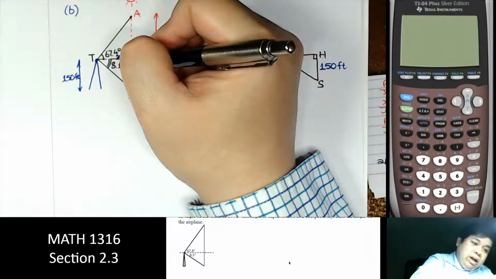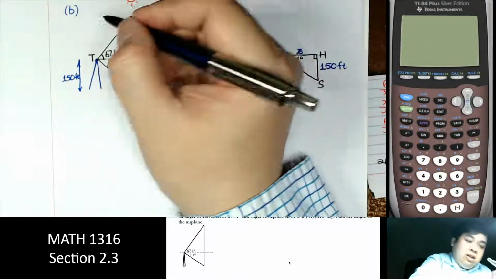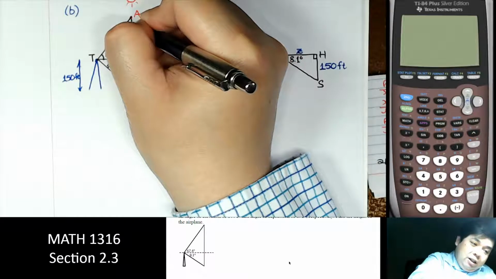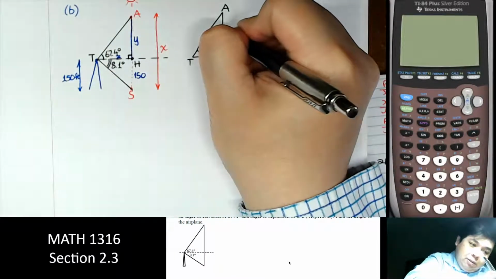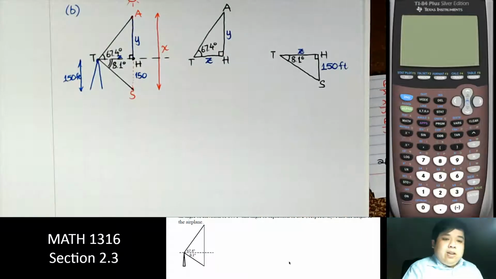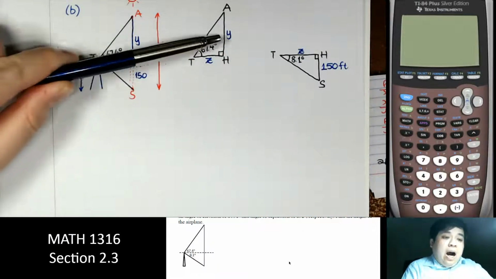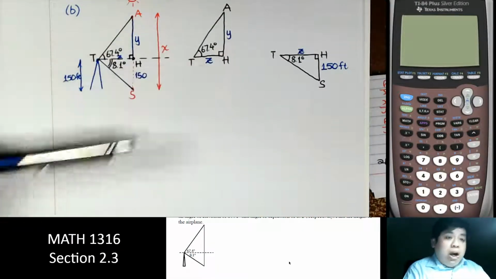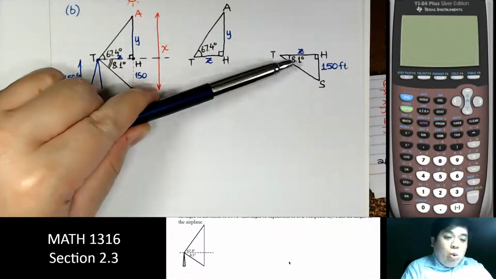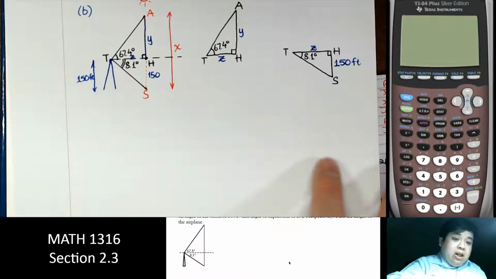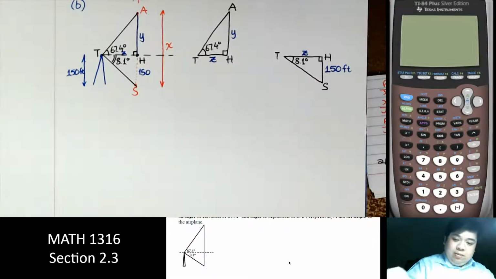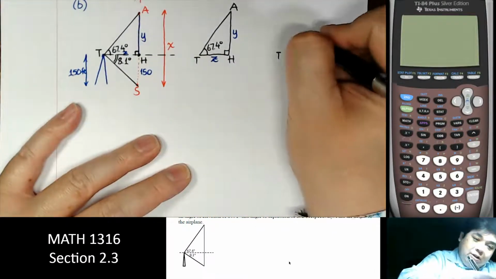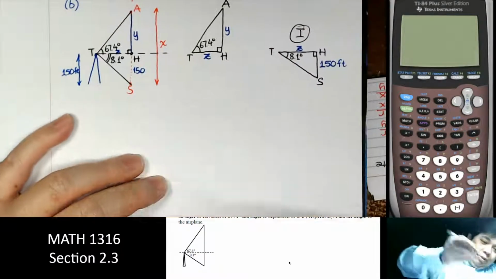And here we can find the remaining distance. Let that be Y. So, in this triangle we don't know either Z or Y. That doesn't help. For this triangle we know Z and 150. So we're going to use this one first, and then we're going to use this one. So this is the first step that we use.